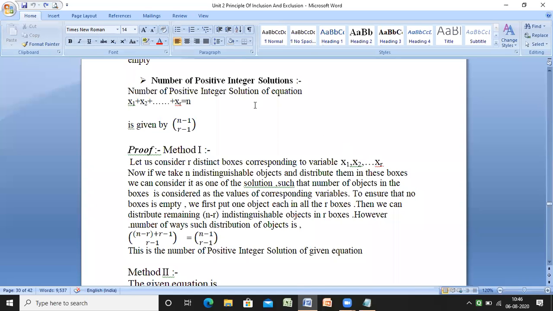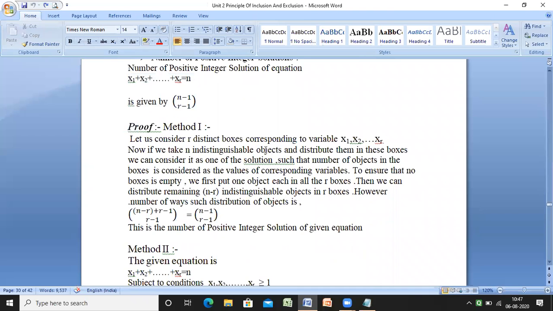Now we come across the positive integer solutions. For the positive integer solution, x1 plus x2 plus up to xr equal to n is given by C(n minus 1, r minus 1). Again, let us consider there are r distinct boxes corresponding to the values x1, x2, x3 and up to xr.